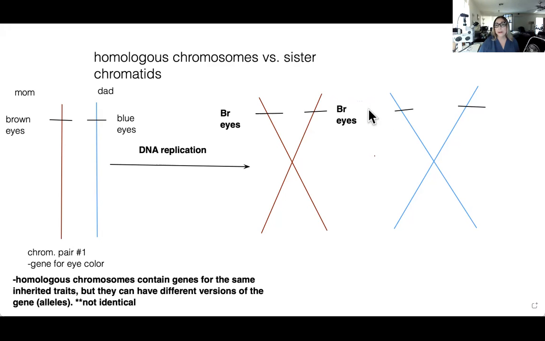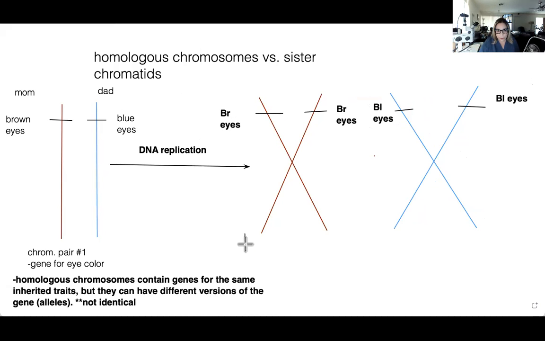Now over here, these are sister chromatids that were made from the dad chromosome. So we have blue eyes and blue eyes. All right, so those are sister chromatids and they are identical.